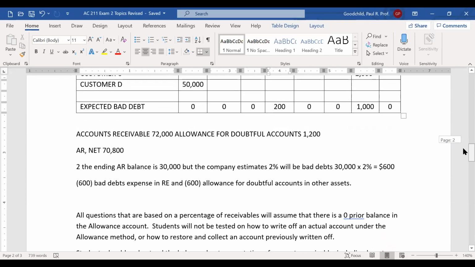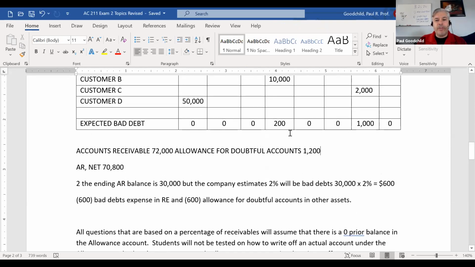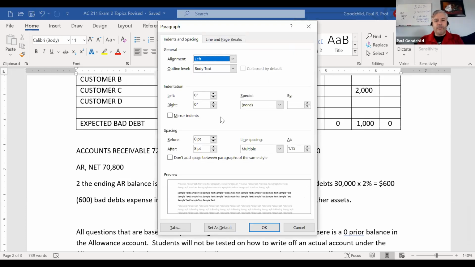And then would you put 70,800 in retained earnings? No, all that stuff is done before. The only thing we would do after this is that we would make our entry. Just want to space it a little bit off there.